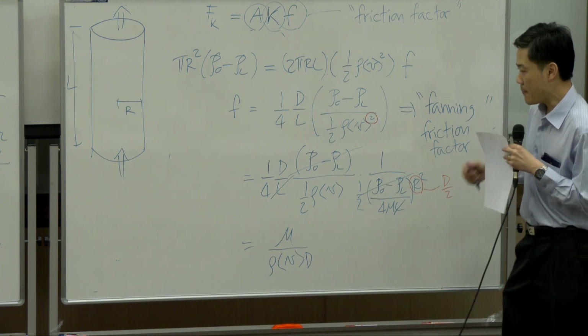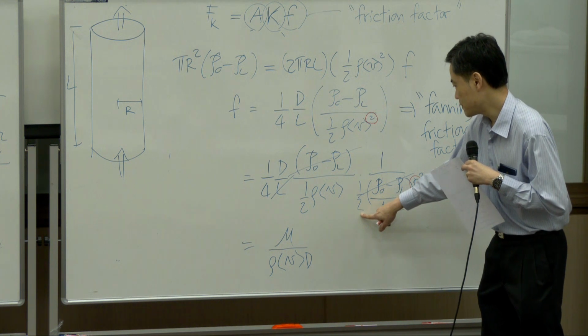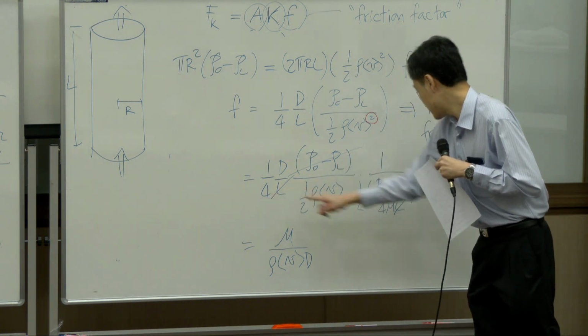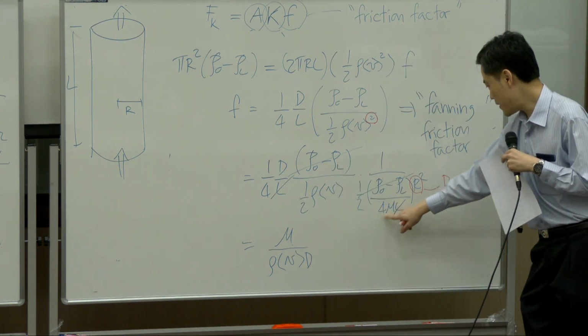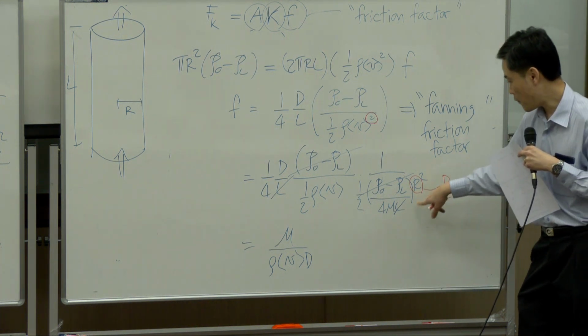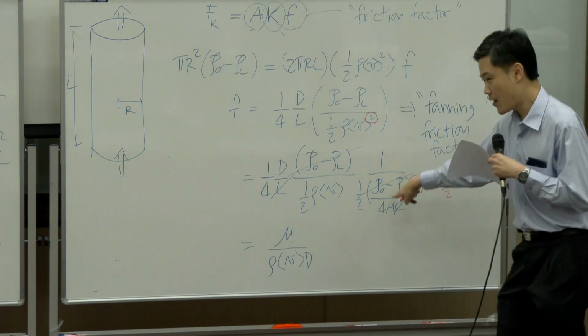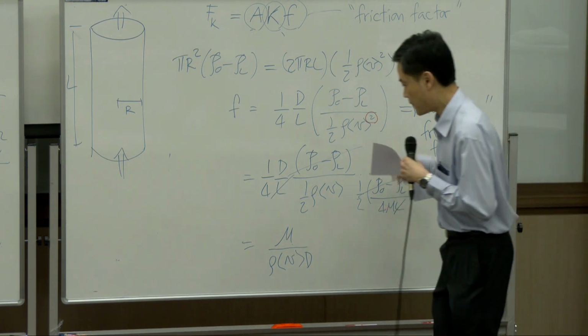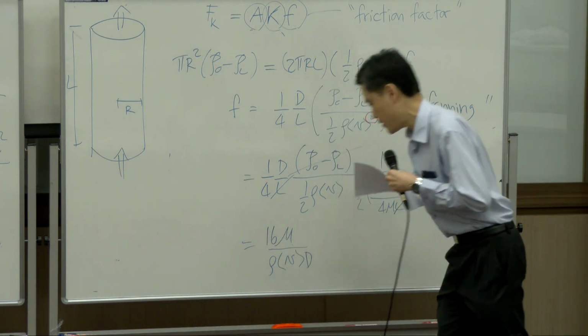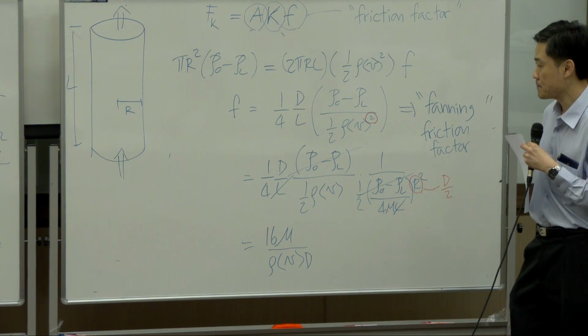The rest will be numbers. 2 and 2 will be 4. 4 and 4 cancel out. I have 4 here, and I have 2 squared, which is also 4 here. So 4 and 4 will be 16. So 16 as a denominator of the denominator is flipped into 16 up here. Okay?